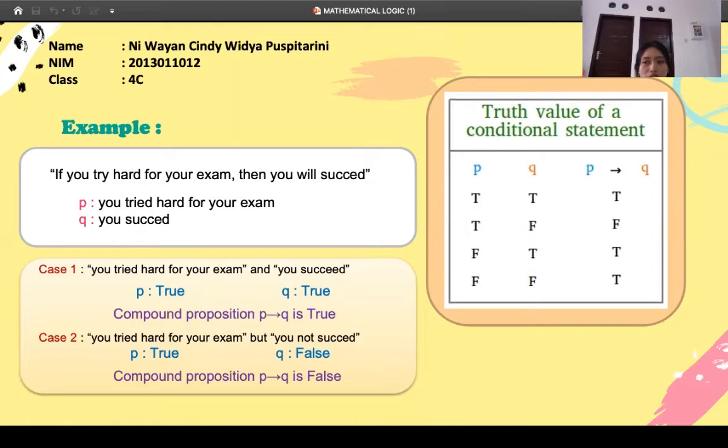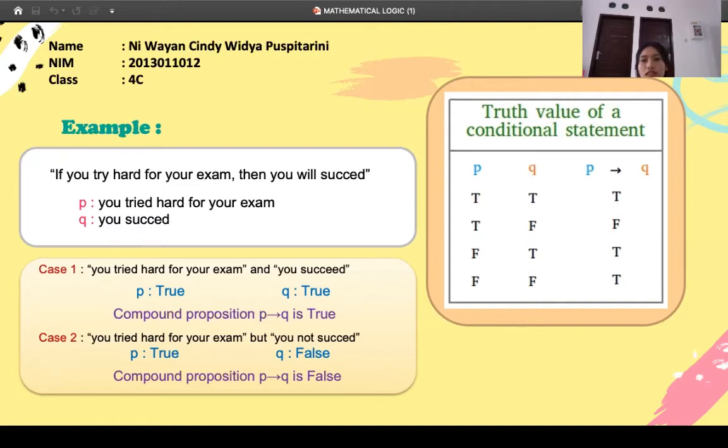There is the word if and the word then. So that means this sentence is conditional statement. We can write P as a hypothesis, which is you try hard for your exam, and Q as a conclusion, which is you succeed.